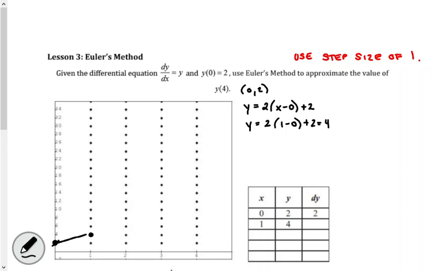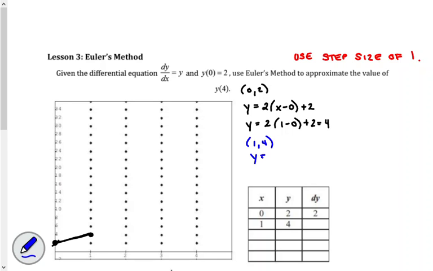That's my first step. I drew a tangent line up to (1, 4). Then, do you know what he said? Well, you weren't born then, but neither was I. He said, okay, let's do another tangent line at my new point, (1, 4). So help me make my tangent line.